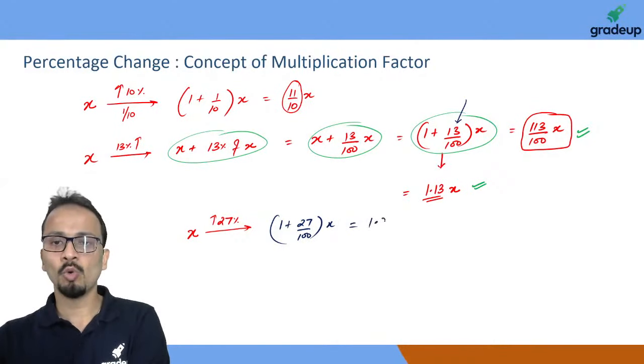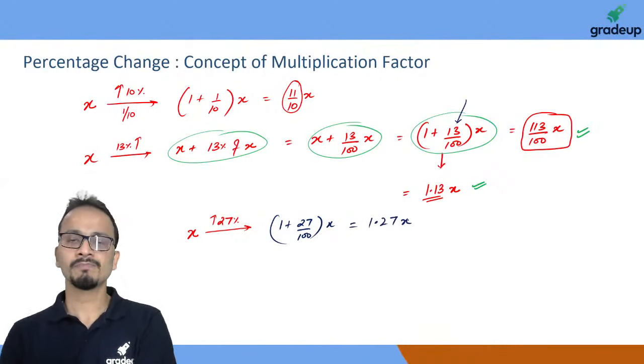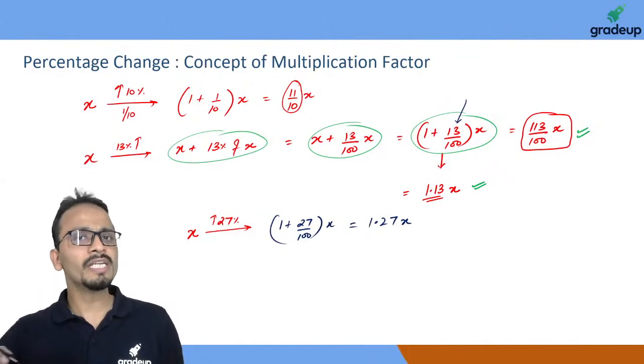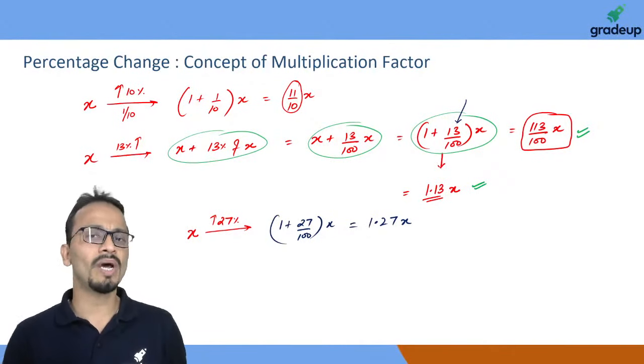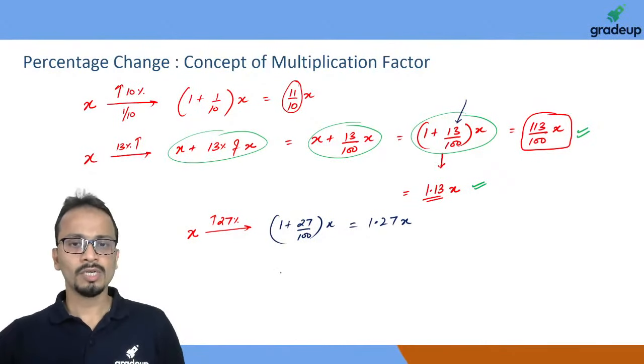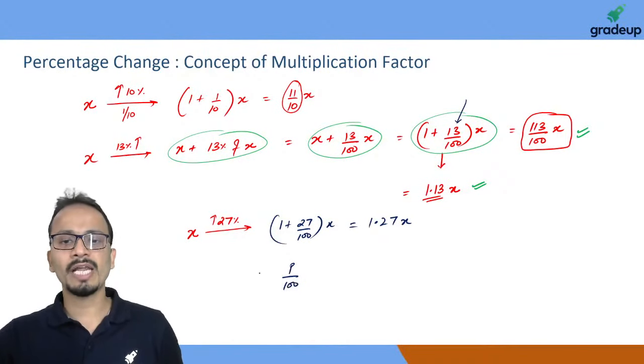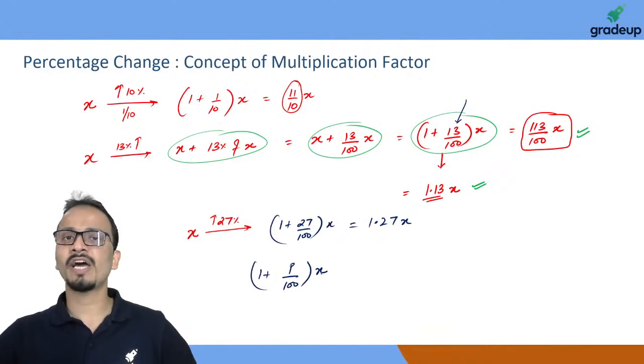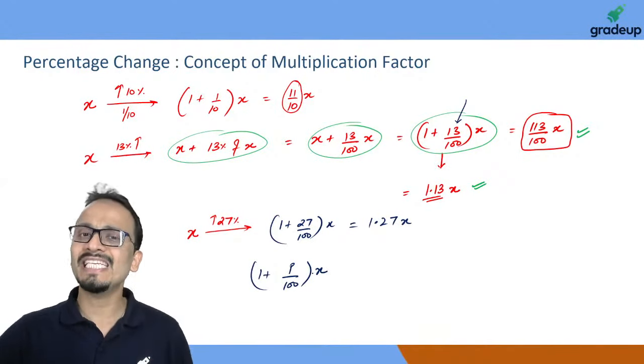Don't commit a mistake in this case. By whatever percentage you are increasing the number, divide it by 100, so I'll write p upon 100, and 1 will be added to it to generate this multiplication factor, which will be multiplied with the initial value.